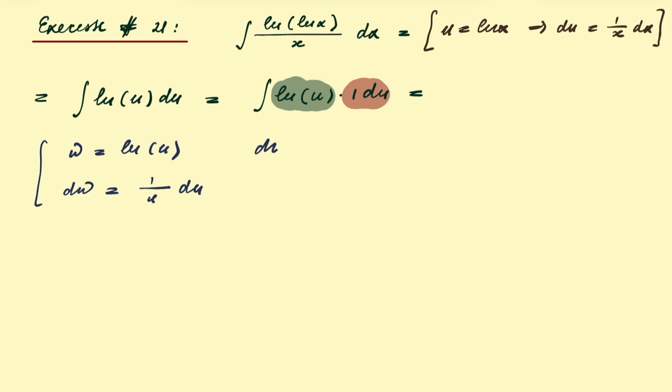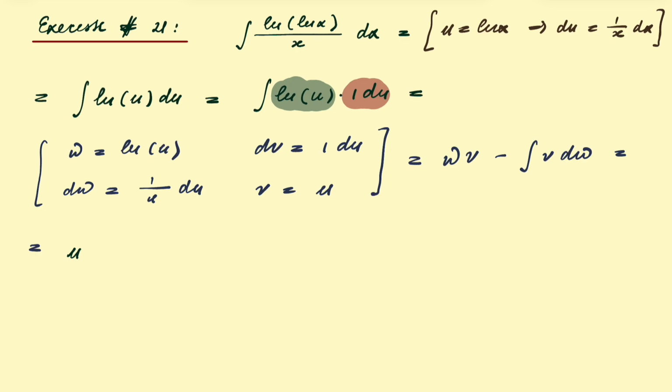Meanwhile we have dv, which is 1 times du, then v is just u, right? We just take an integral here and have u here. Now we want to obtain the form in integration by parts of w times v minus an integral of v times d of w.